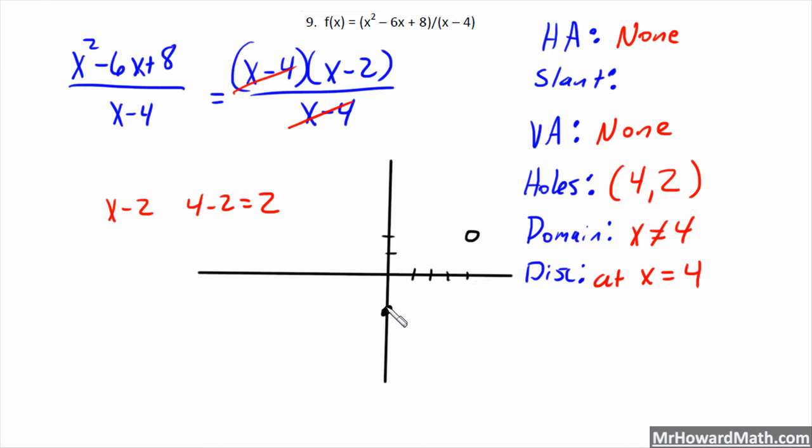And the slope is up 1 over 1. So it's going through just like this with a hole in the graph at 4, 2. So that's all that we need to graph that one. We've identified all of the asymptotes and where the holes were, domain, discontinuities, and sketched it. So that's it for this one. That'll do it for part 2. We'll pick up question 10 in part 3.